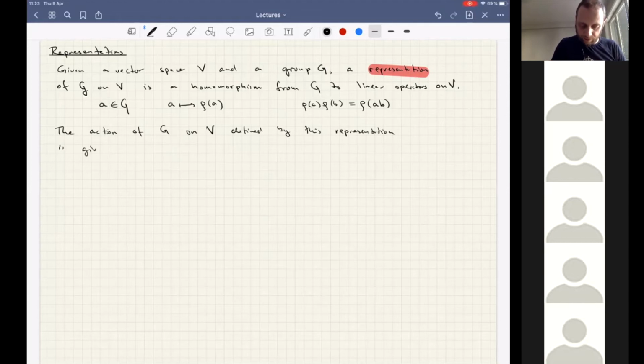It is given by rho of A acting on v, where v is a vector in V.